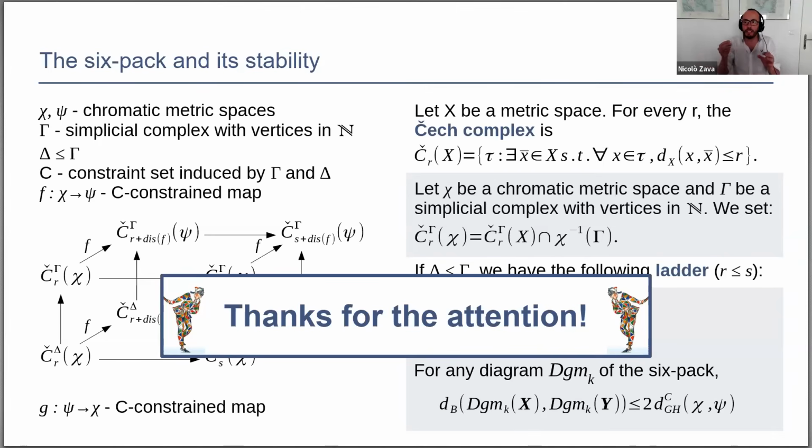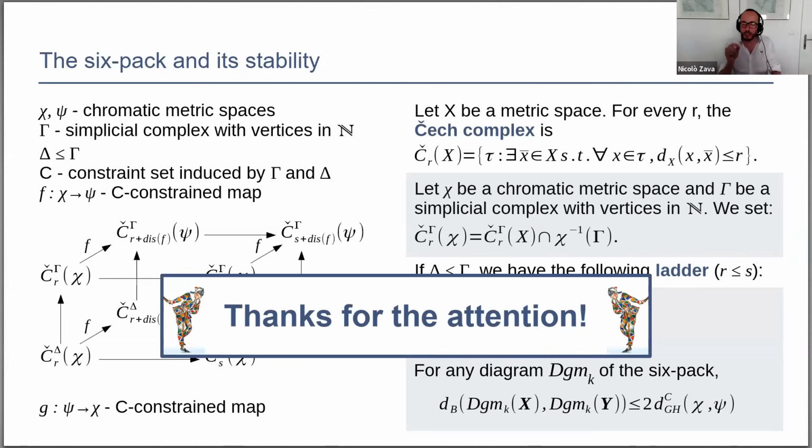What you have described is actually a correspondence between the two spaces, which is a relation between the two sets, such that every point in the first one is related with at least one point in the second one, and vice versa. You constrain this correspondence by saying you have to respect the constraints that I give you. So if you restrict yourself to sigma-colored subsets, you want that restriction to still be a correspondence.